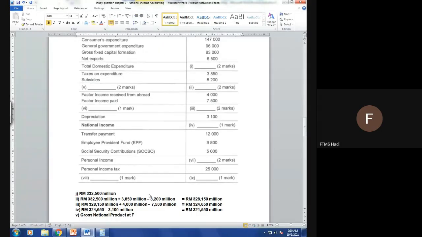Okay, and then number 6, this one is related to factor income paid. This one, so we go in here. Gross national product at market price.